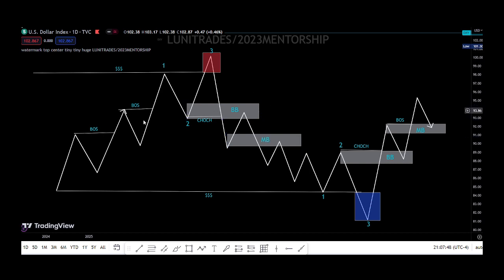Let me explain. So you have your first leg, your second leg, which is this, and your third leg, right? Now, the third leg that took liquidity, then this leg broke, which is the change of structure, right? So we are having one, two, three.